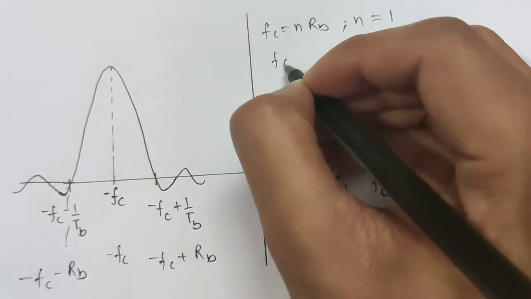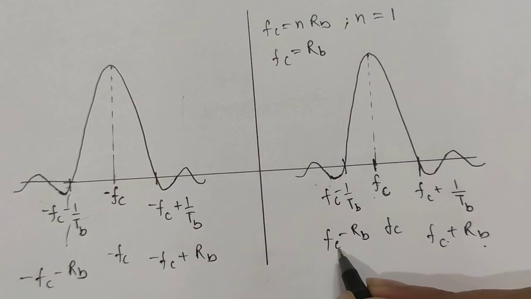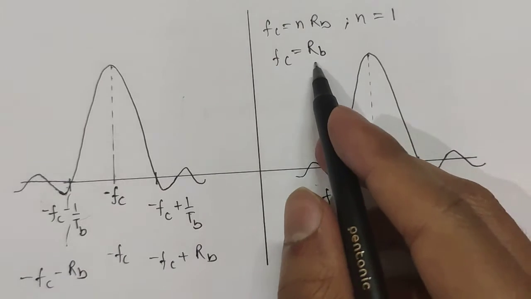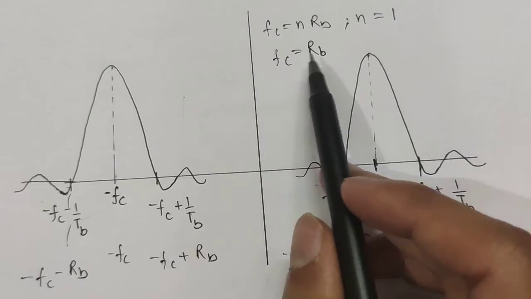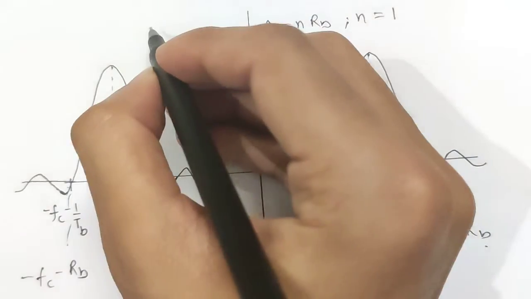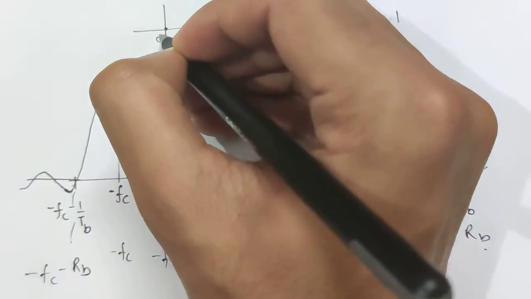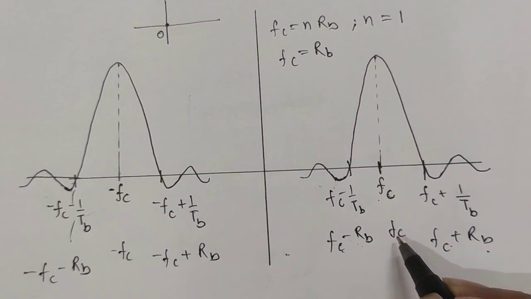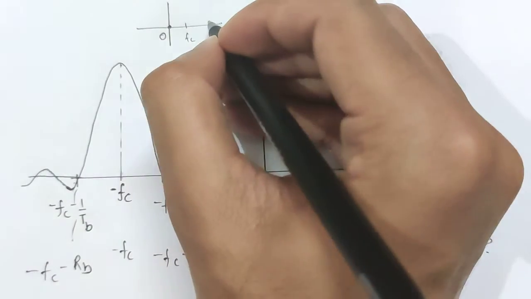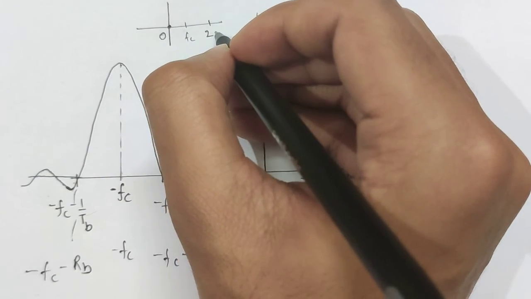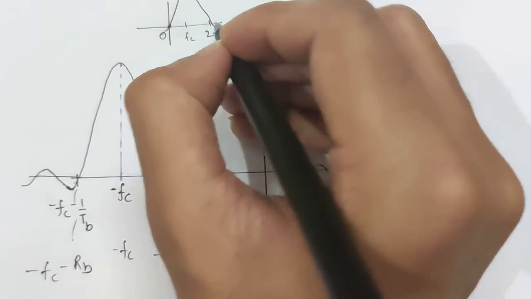Then fc is equal to Rb, so fc minus Rb will go to 0, right? Since fc is equal to Rb, I will plot it here. This comes to 0. Now this is fc, and this becomes twice fc, and our graph will look like this, our sinc.